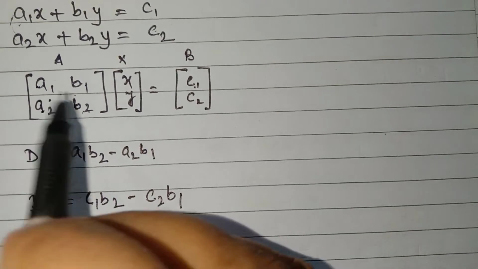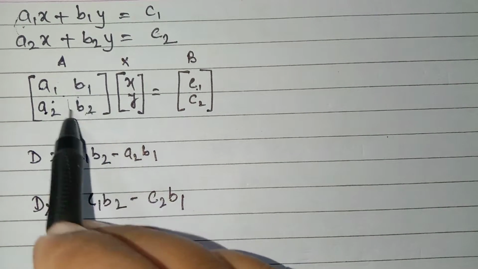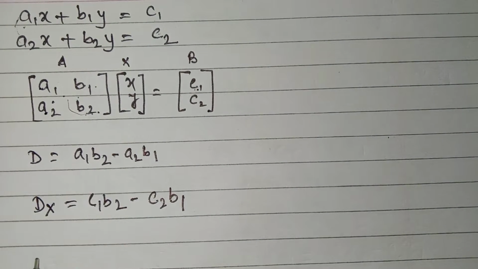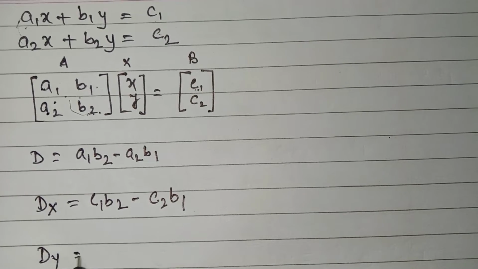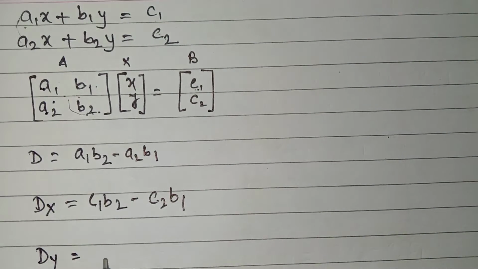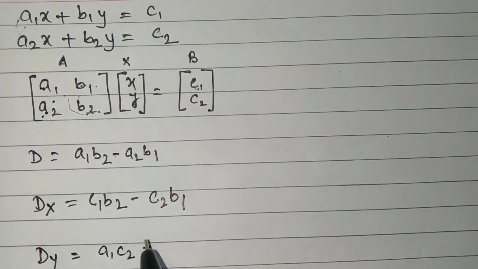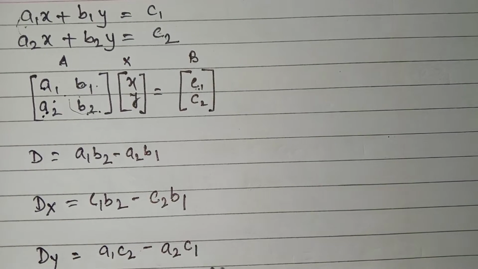Similarly, if I replace the coefficients of y and bring c1 c2 here, then I get the determinant of y, which will be a1c2 minus a2c1.